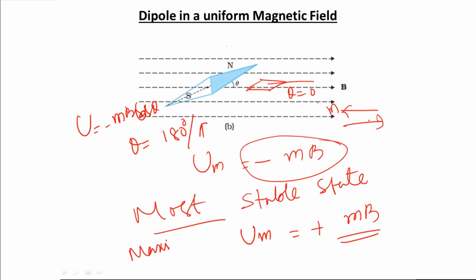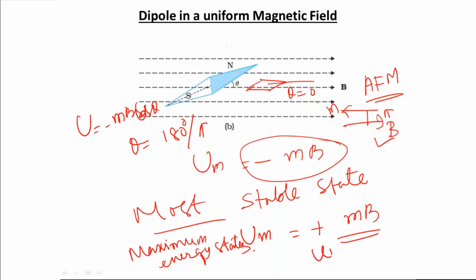That's why the angle is pi. When the dipole moment is anti-parallel to the magnetic field, this will be called antiferromagnetic material, AFM, that we'll see. So this is the maximum energy state, and these are called energetically most unstable states.